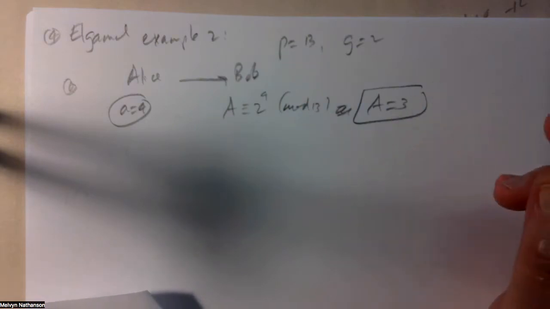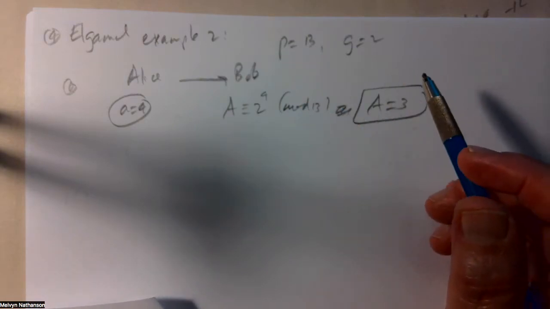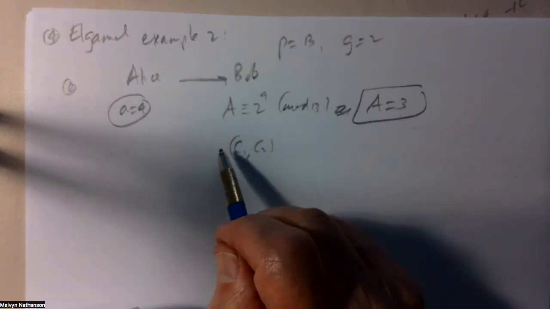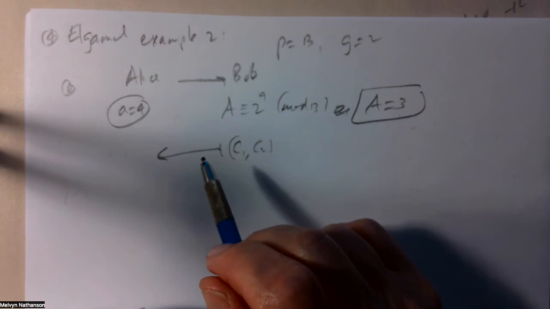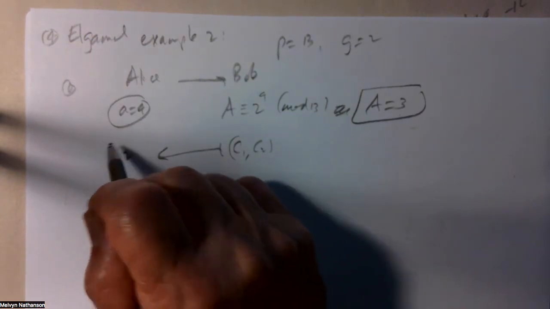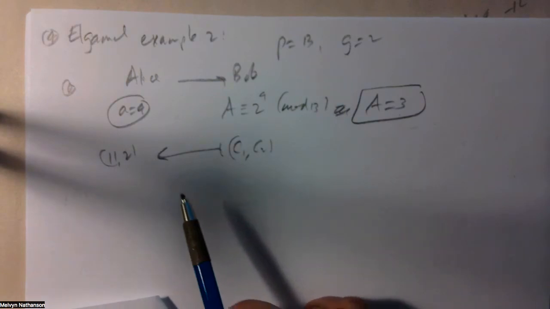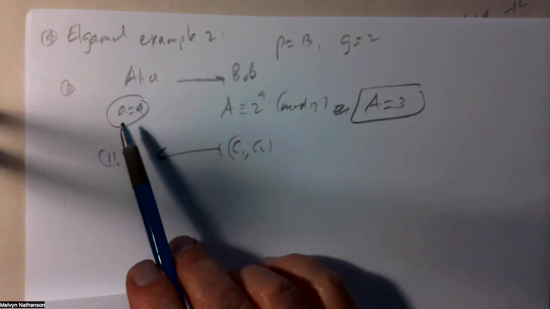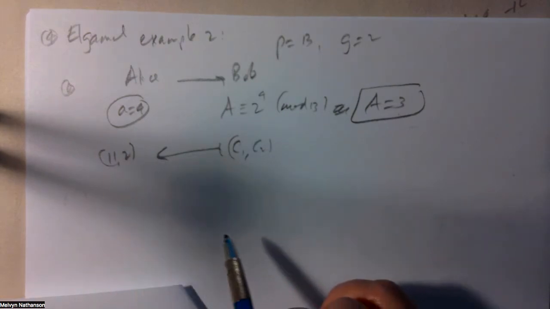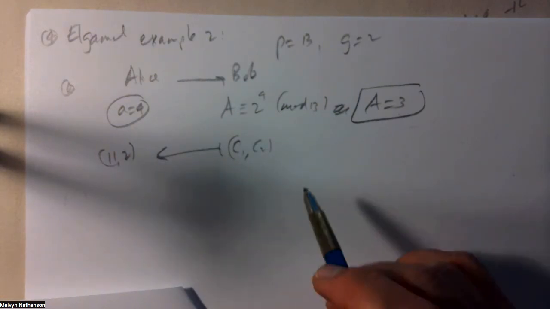And Bob chooses his random element k, comes up with a pair of numbers C1, C2, and he sends them to Alice. And that's the numbers 11 and 2. So you're Alice, you know your secret number 4, and Bob has sent you this pair 11, 2.